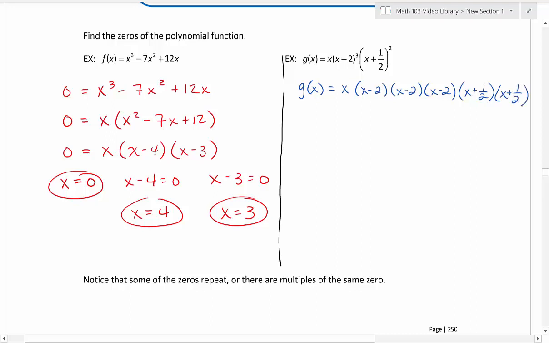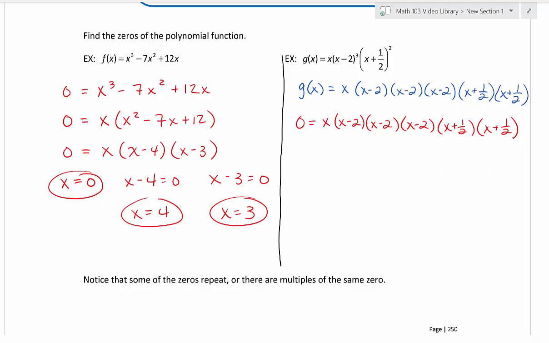To identify the zeros, we're going to set this equation equal to 0. We want to get our polynomial in factored form, so we can set each factor equal to 0 and solve.